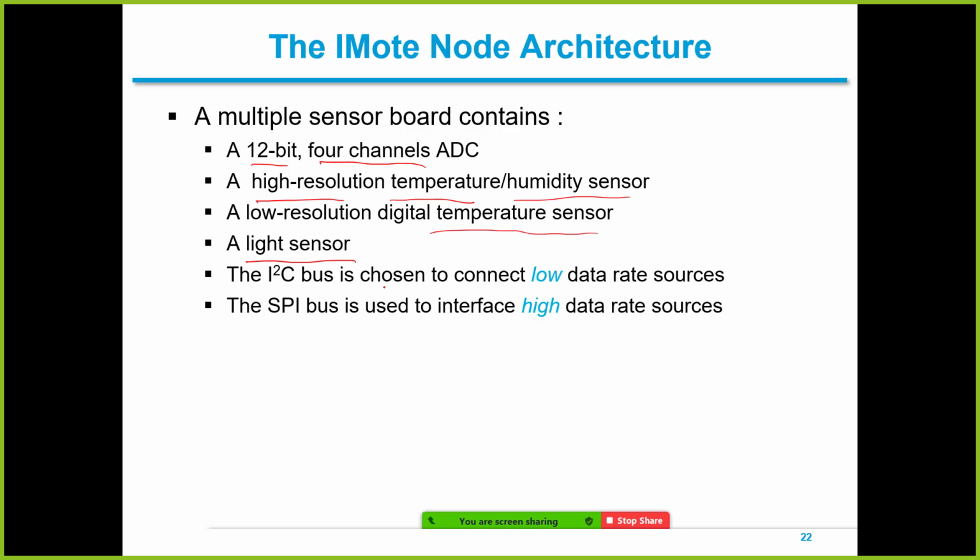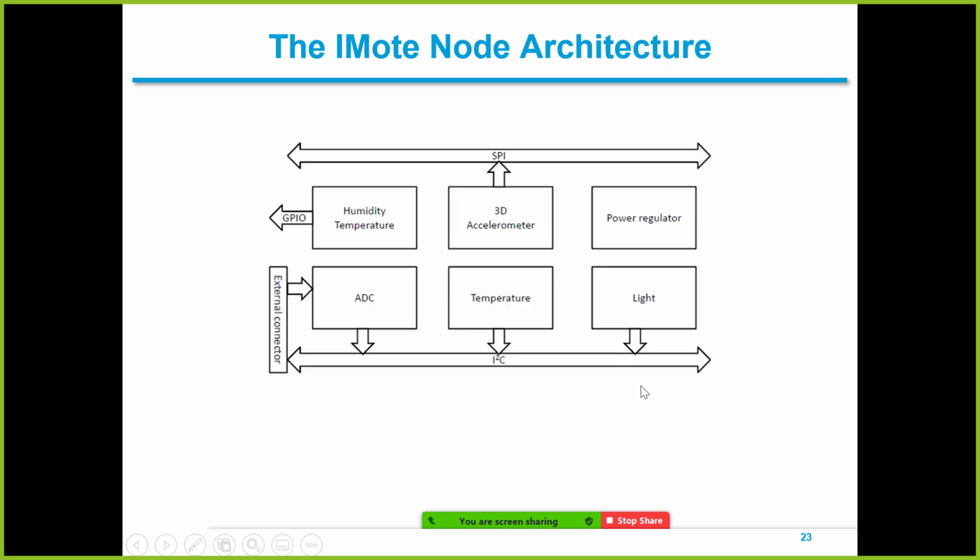For this iMote node, the I2C bus is chosen to connect low data rate sources. SPI is used to connect with high data rate sources. And here you can see the connections between sensors and these serial communication interfaces.